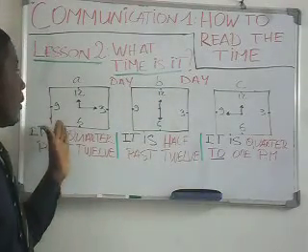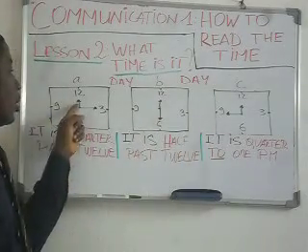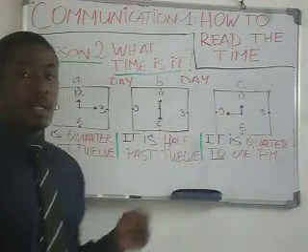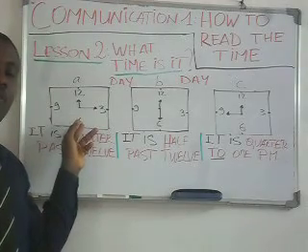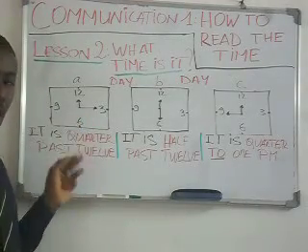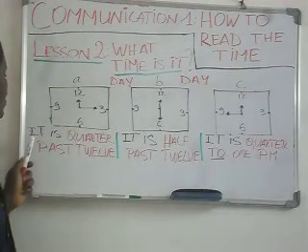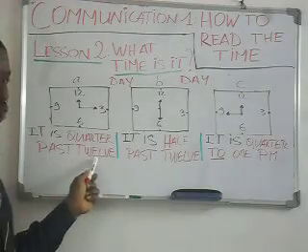So, with the 3 different clocks that you have here, indicating specific times, these are the ways this time is read. Clock A, it is quarter past 12.